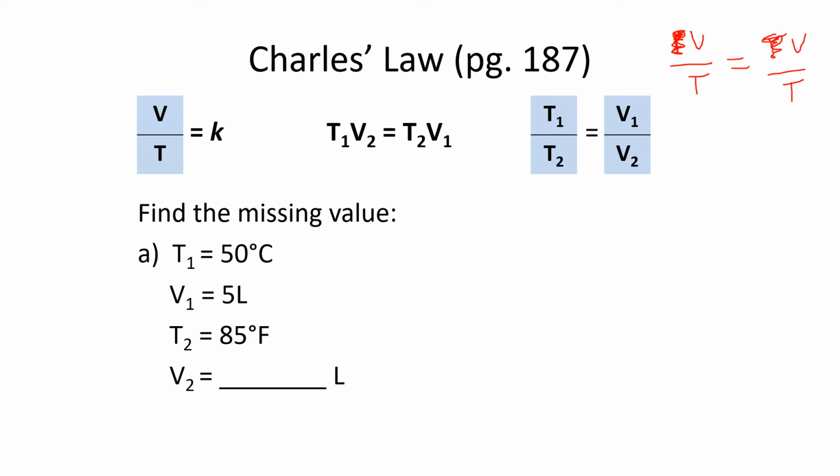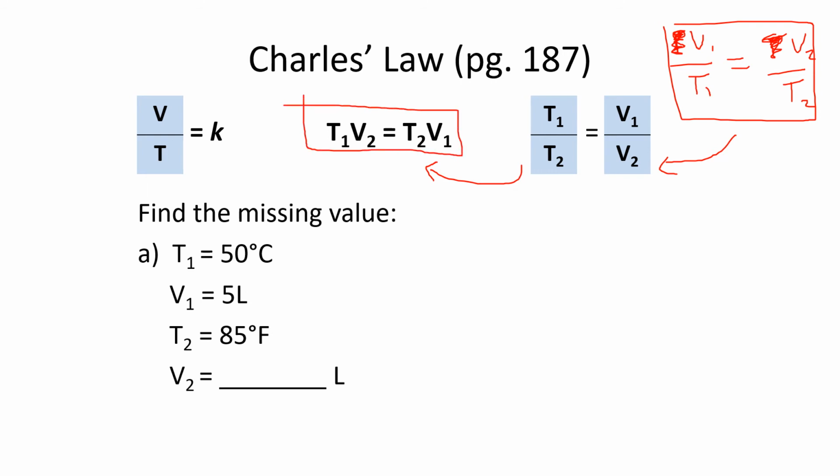So you can just do initial volume over temperature equals final volume over final temperature. These are just rearrangements. This is the same equation, they just rearranged it. So you can use any one you want. Let's go ahead and use this one. Same format we've been using. T1 V2, T2 V1. So just be careful. A little bit different from Boyle's Law.